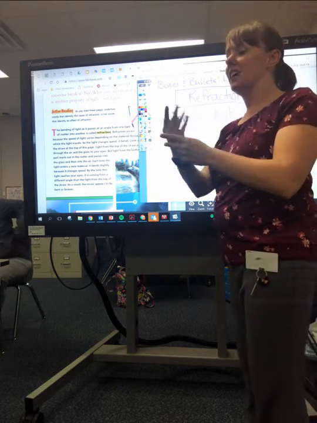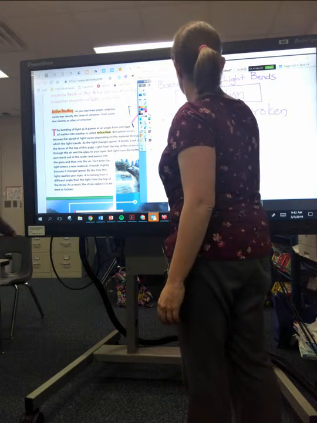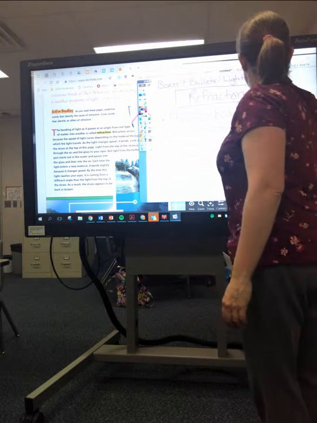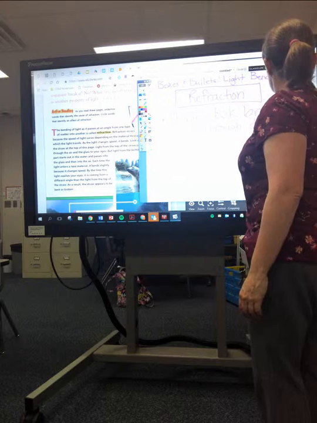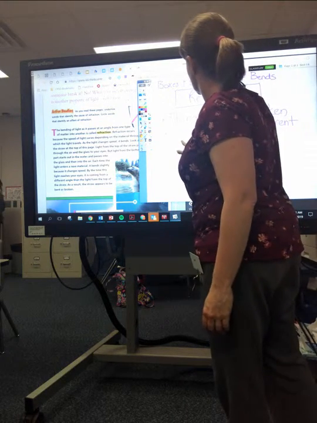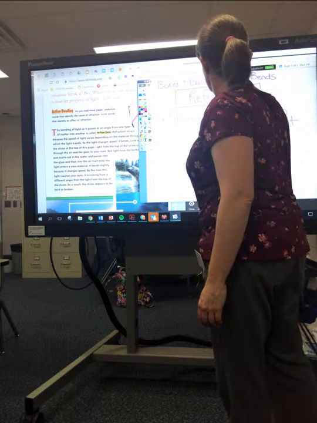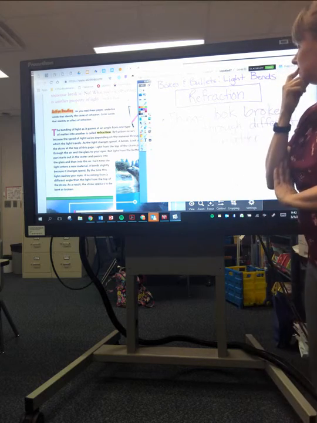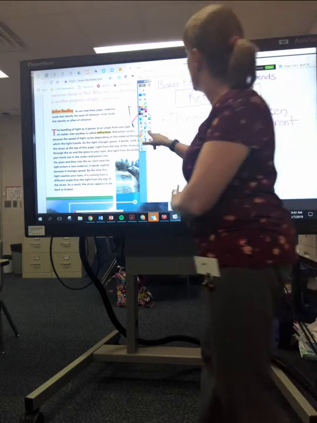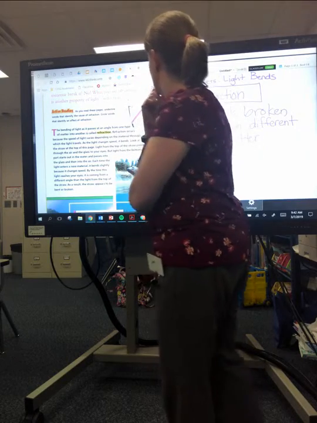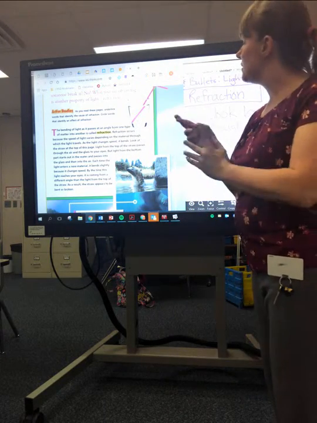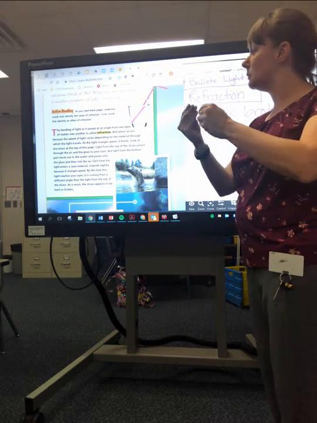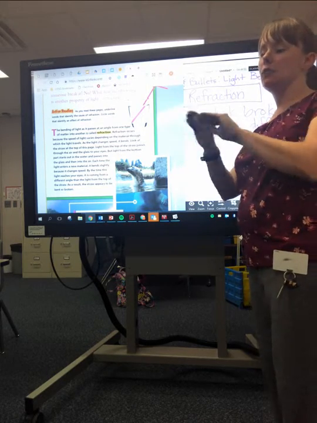It goes through different kinds of matter. Go back to my text. Let's see. It says refraction occurs because the speed of light varies depending on the material through which the light travels.